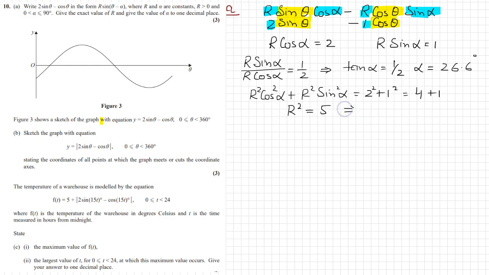So it means r is equal to root 5. So it's saying write this equation in this form.